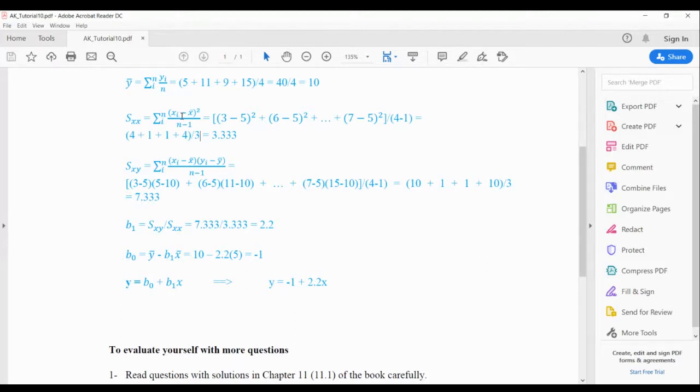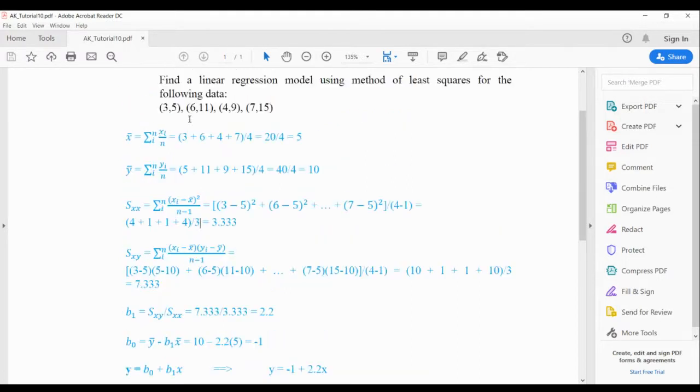So to calculate that, one by one, for each data point of your x, the first one is 3. 3 minus the mean of x's, power 2, plus 6 minus 5, power 2. We continue until the end. You see, this is a good way so that you don't need to type everything.